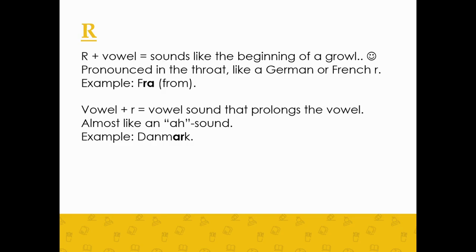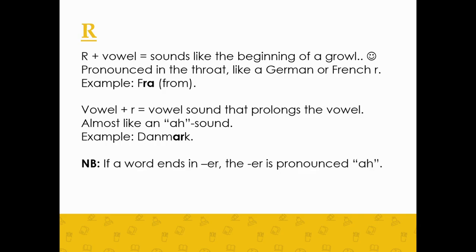Example, "Danmark". So the R creates a special sound for the vowel and creates kind of a diphthong. Note that if a word ends in ER, the ER is pronounced A.